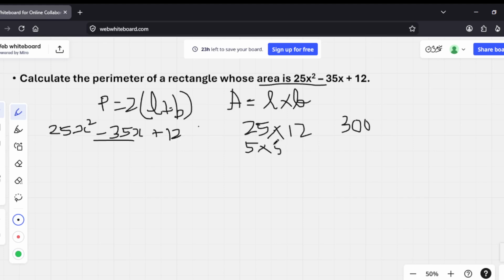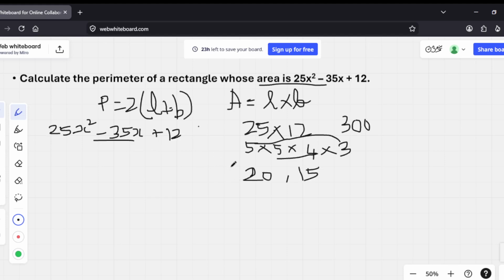The easiest way will be, first we split the term 25, which is 5 into 5, and then this 12 is 4 into 3, and then by grouping you can try to examine if you can get 35. Like in this case 5 into 4 is 20, that is one number, and 5 into 3 is 15, which is another number.